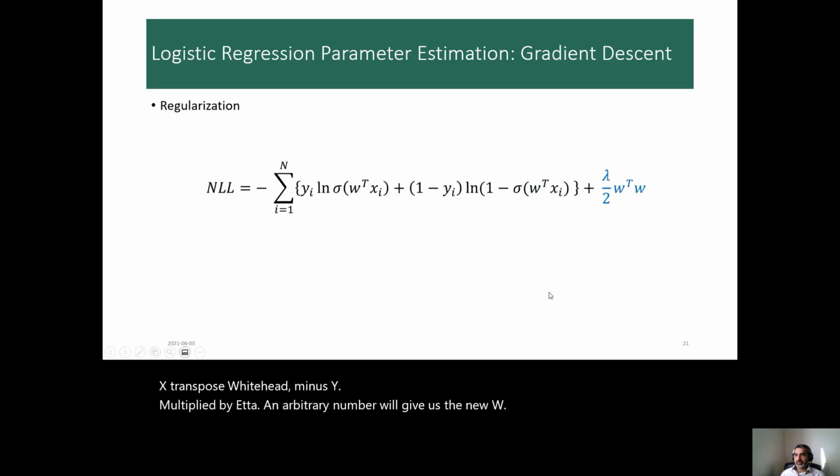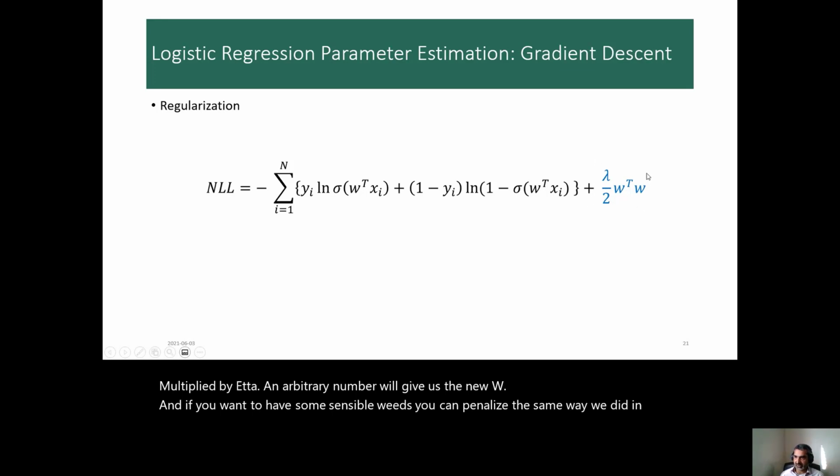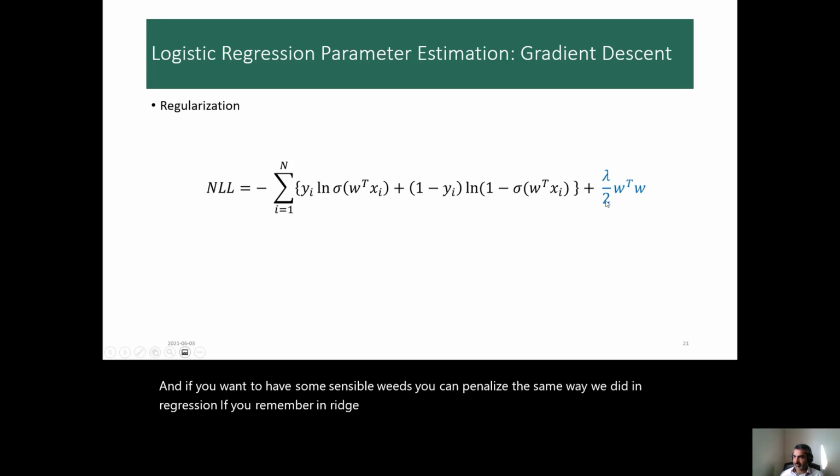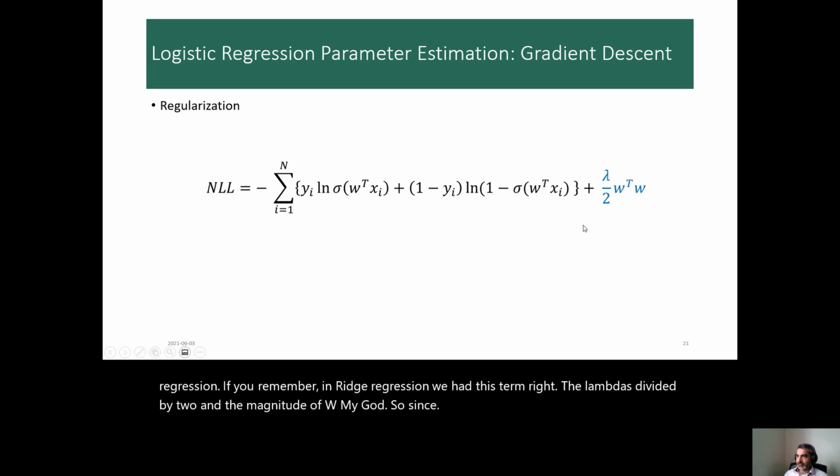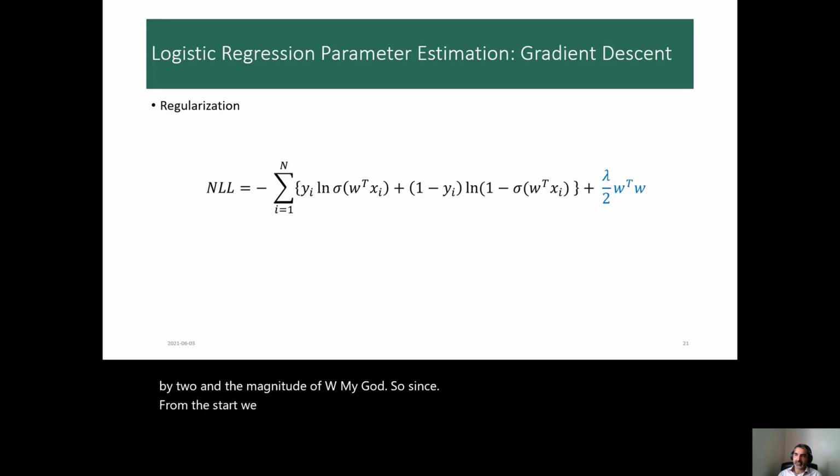And if you want to have some sensible weights, you can penalize the same way we did in regression. If you remember, in ridge regression, we added this term, right? Lambda divided by 2 and the magnitude of W. So since from the start we are looking at W transpose X, and we connected it with regression, we could solve classification problems with the same solution.